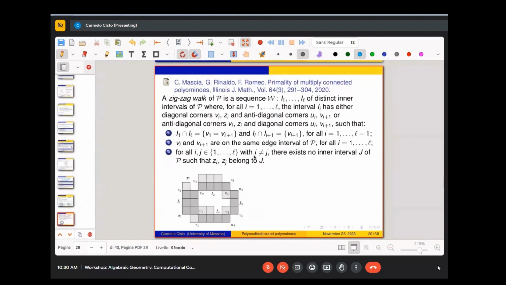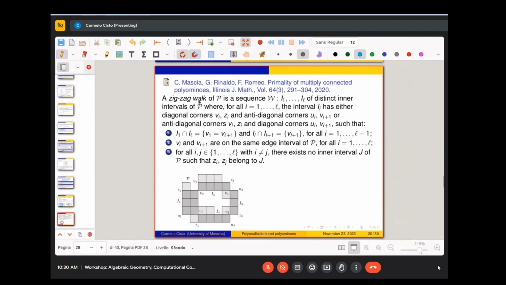Okay, in order to go ahead, we also need this particular definition provided by Mascia, Rinaldo, and Romeo, a very formal definition that is called the zigzag walk. So I explain briefly what I mean by zigzag walk.